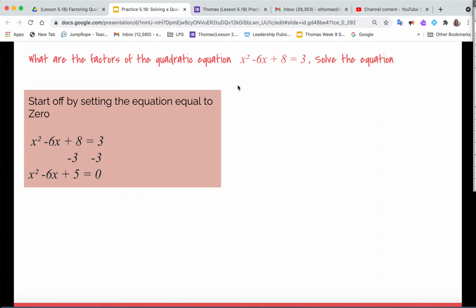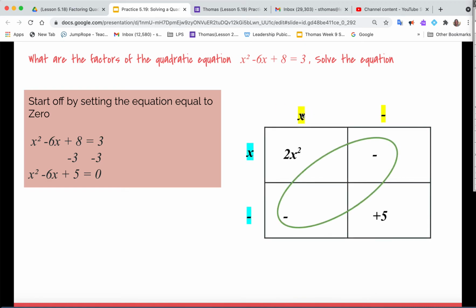We're then going to use the reverse distributive property, using the box method, to figure out what the factors are. When we draw our box, we know that in our first box we should have x squared, which is given by x times x.